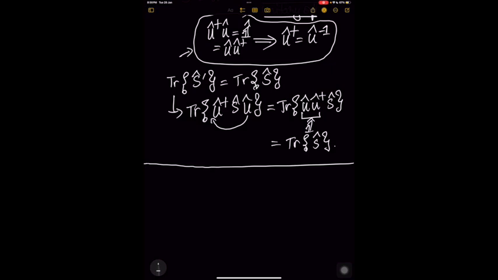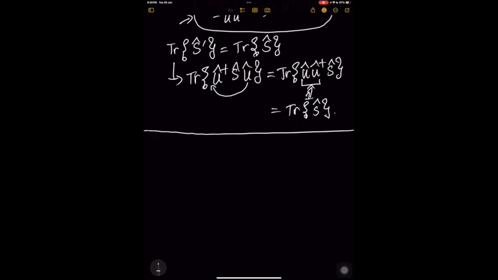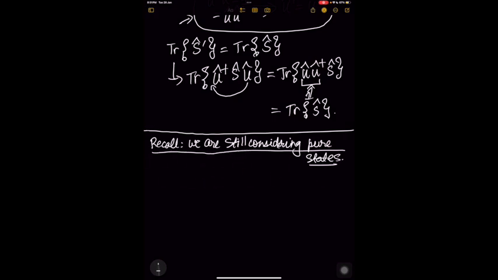Now, let's consider elements of the density operator. Just a recall, we are still considering pure states. I have not digressed into the statistical ensemble and the mixed states discussion yet.